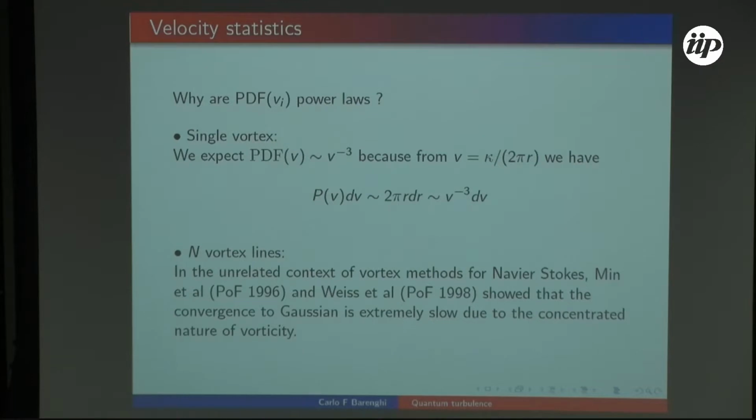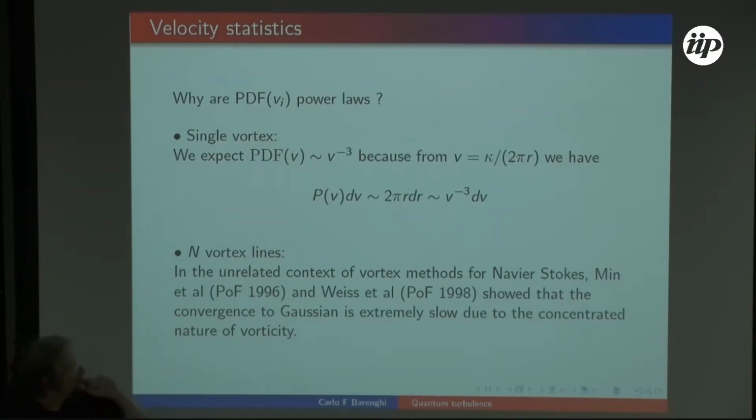So they thought a lot about that, and they showed that if the vorticity is concentrated, then the approach to Gaussian, which would happen with the central limit theorem, does not really happen. It's extremely slow. So you never see actually Gaussian. You only see power laws.